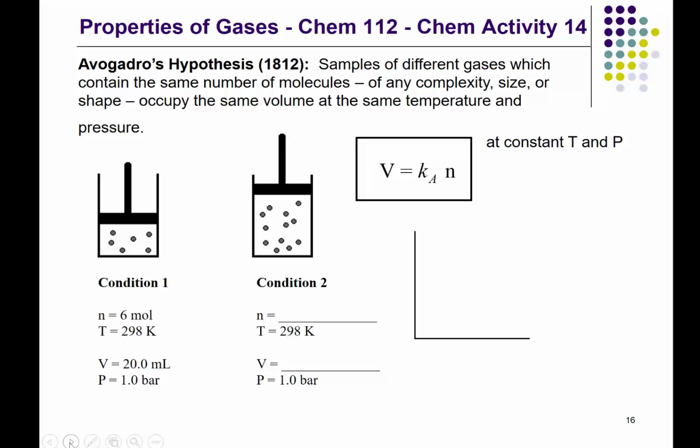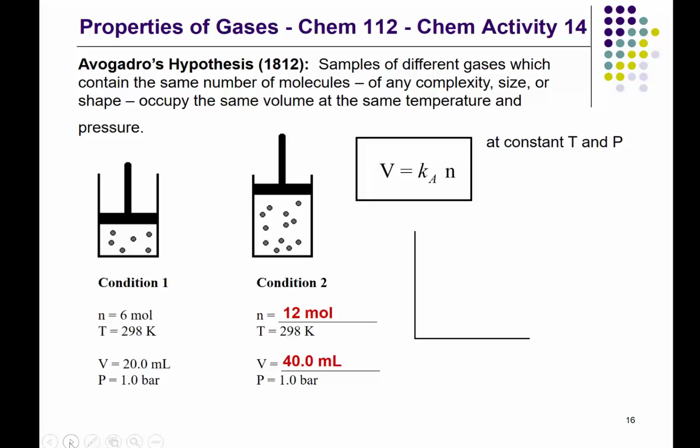So we saw in the simulation that if we added more particles to a container, yet kept the pressure constant and the temperature constant, indeed, the volume has to increase. And so if we started with 6 moles of gas particles and we doubled the number of gas particles, we would indeed expect the volume to double as well. Hopefully this makes sense to you, especially if we're trying to keep the pressure constant.